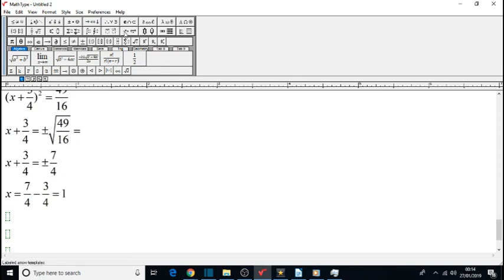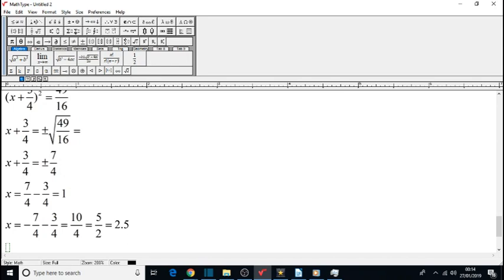And then when you've got x is equal to minus 7/4 minus 3/4, you get minus 10/4, which is the same as minus 5/2, and to one decimal place, well, 5/2 is 2.5 anyway, so that's it.